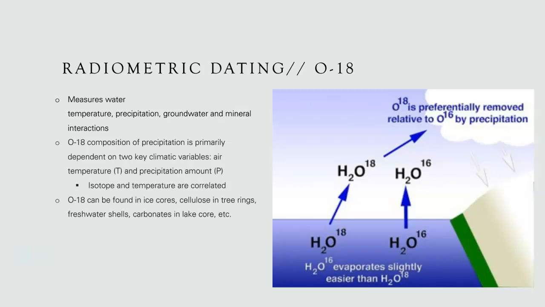Oxygen 18 is heavier than oxygen 16, making it consistently condense readily and fall faster when it's raining when compared to the lighter component, oxygen 16. So the ratio of these two isotopes in a sample tells scientists about the temperature and the precipitation of an area, because the warm water evaporates the lighter isotopes quicker.